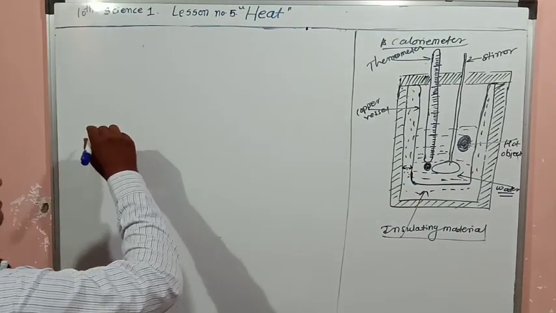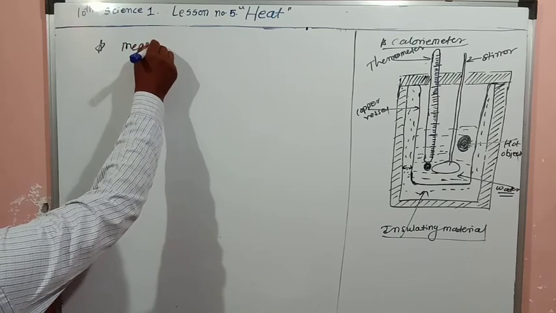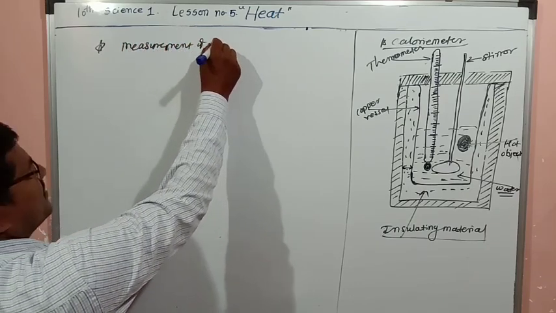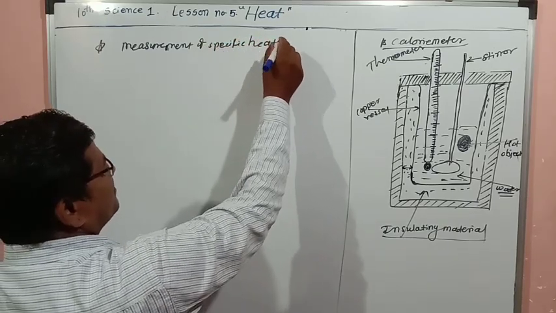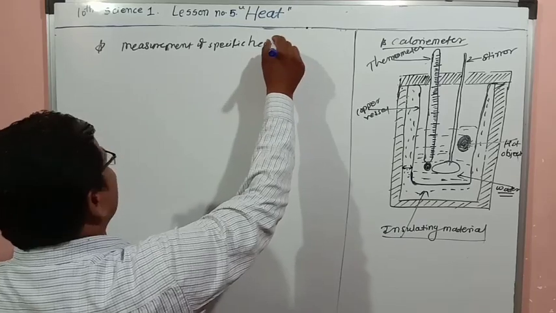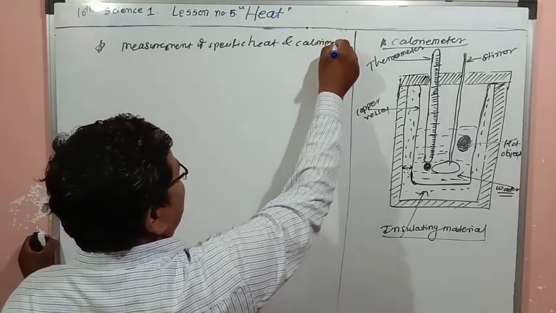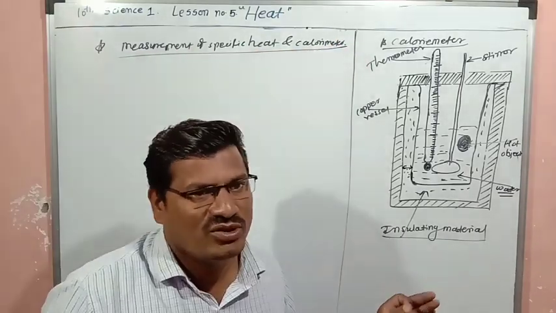So next point, which one is there? Measurement of specific heat, and a calorimeter. In this, how do we measure that specific heat?